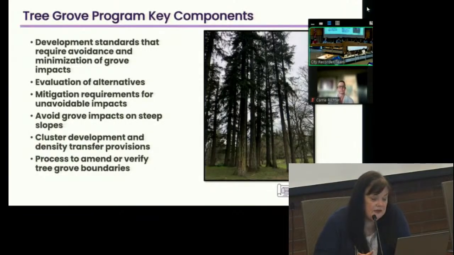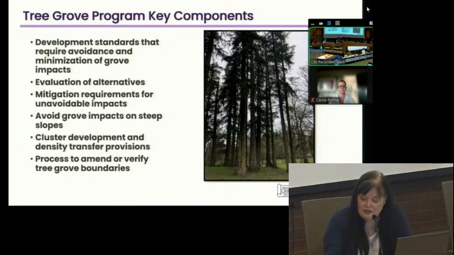So the key components of the tree grove program: the development standards try to avoid and minimize grove impacts. So you'll see in there discussion of minimizing grove impacts as much as possible.